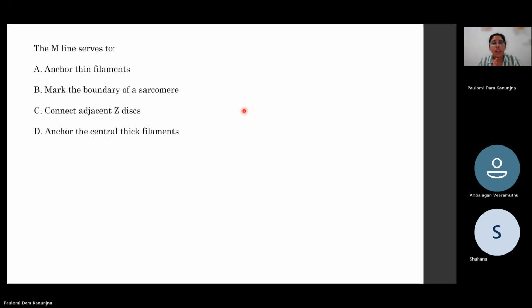Okay. Now the M line. It's the center line, we know. What does it do? Does it anchor the thin filament? Does it mark the boundary of the sarcomere? Does it connect adjacent Z discs? Or does it hold the central thick filament?